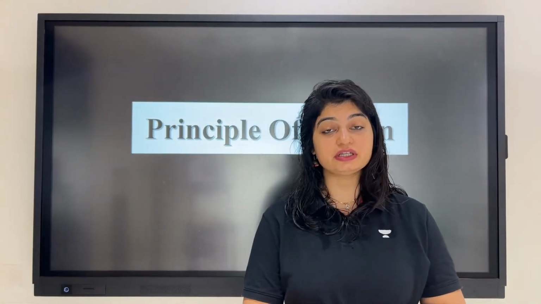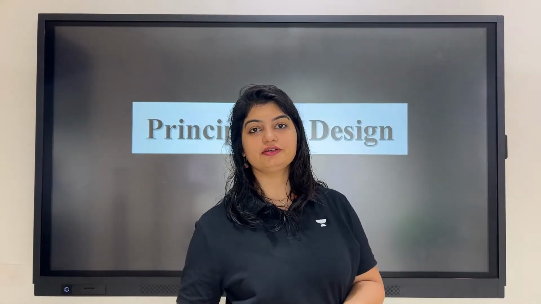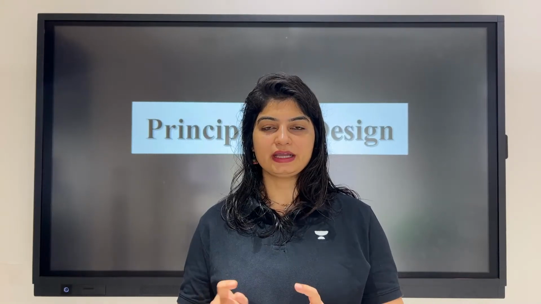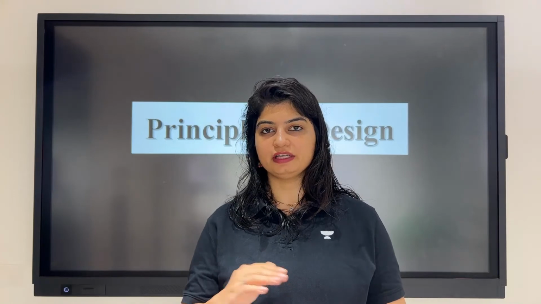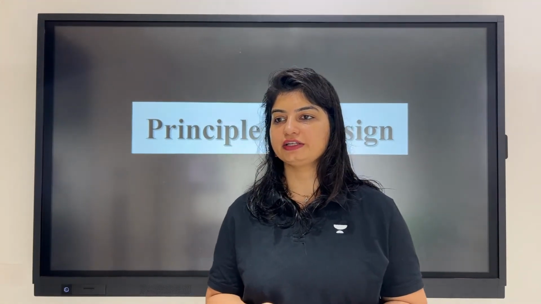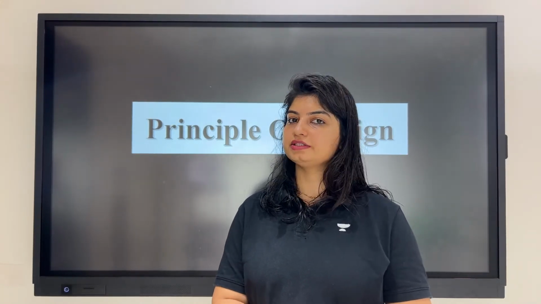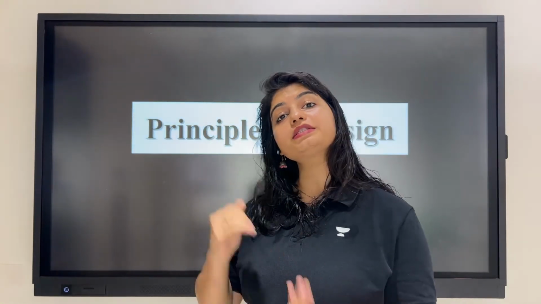Even naturally available textures are there. You can have the skin feel of a squirrel. You have spiky things like dragon fruit, and papaya has that sharp spike texture, right? So these are the variety of textures naturally available to us. That is one of the elements of design. After all of these, we'll continue with principles of design.